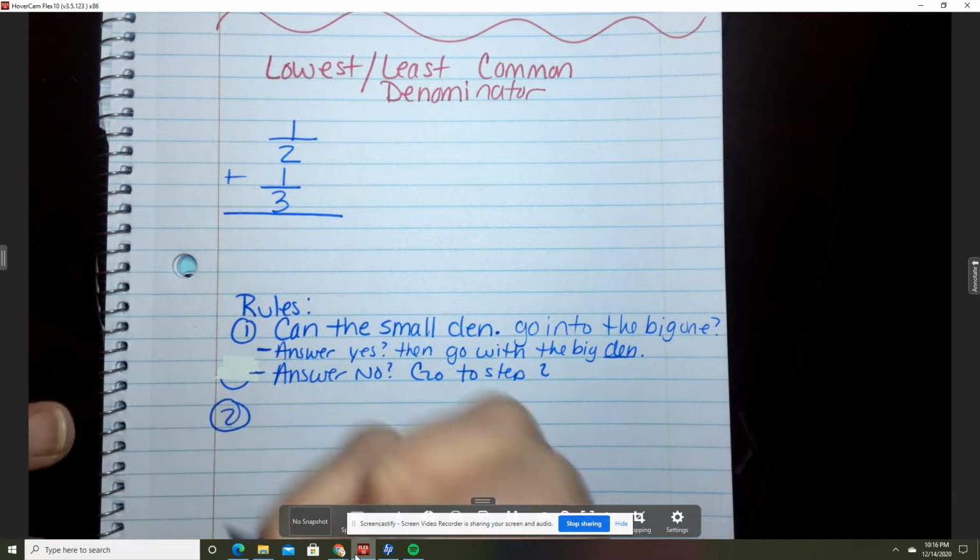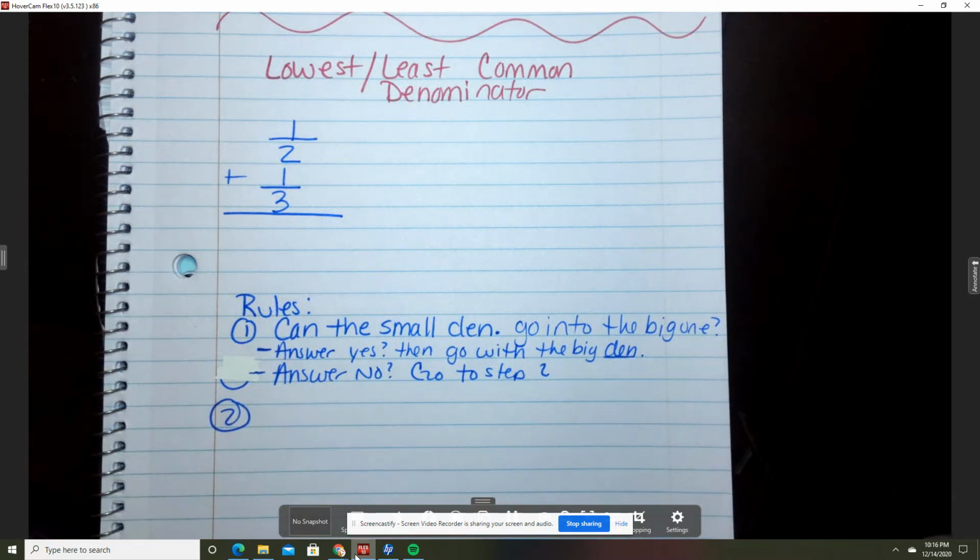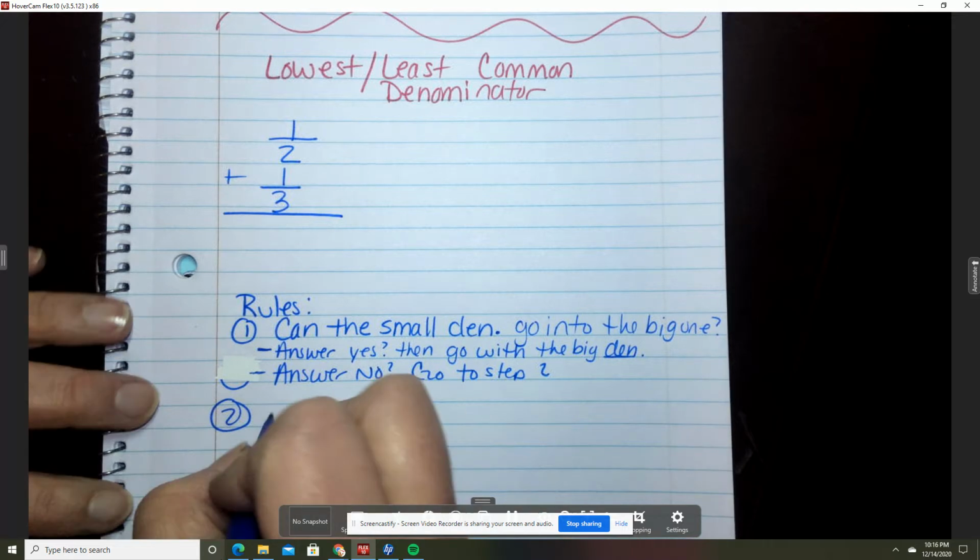Okay, step 2. What multiples do they have in common? What that means is 2 times 1 is 2, 2 times 2 is 4, 2 times 3 is 6, 2 times 4 is 8. You think about the multiples, and that's how you figure it out. I would start with 2, not 1.